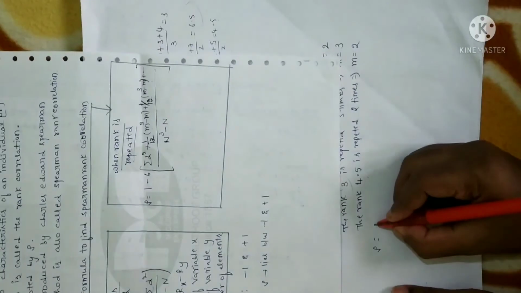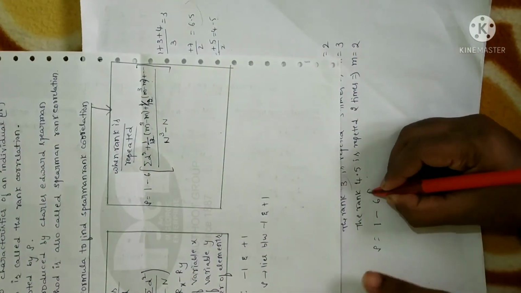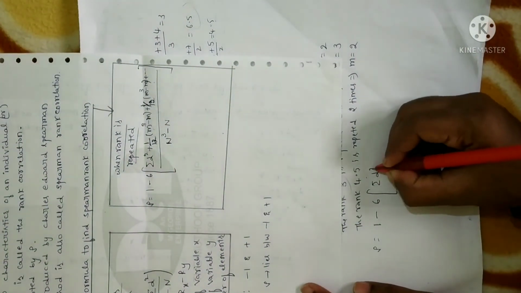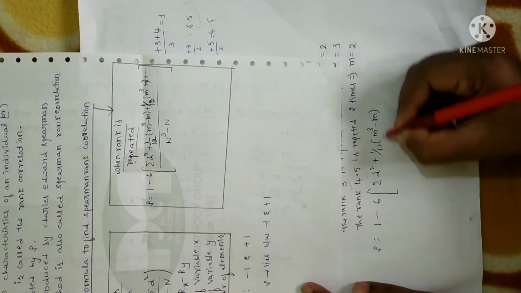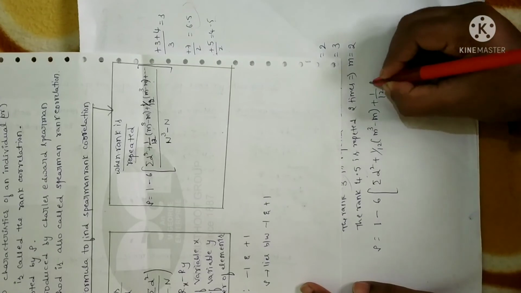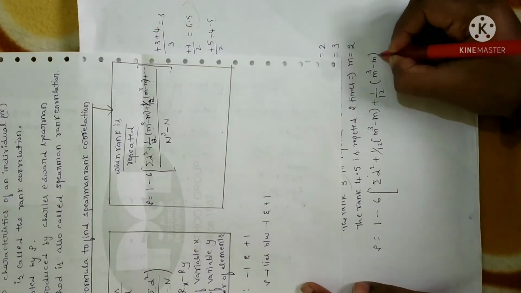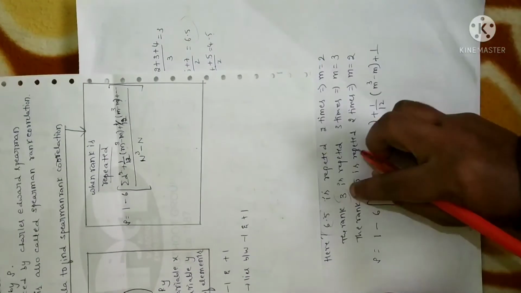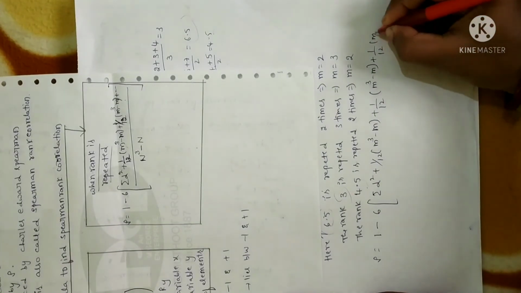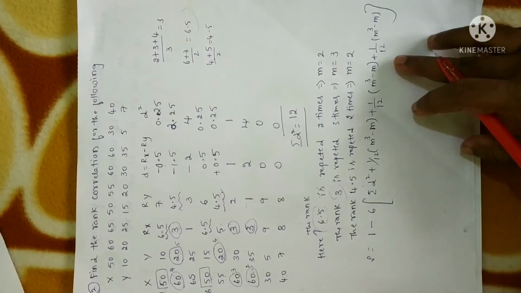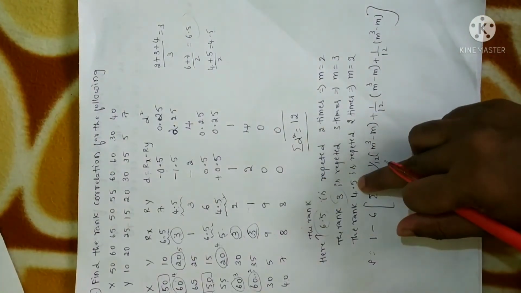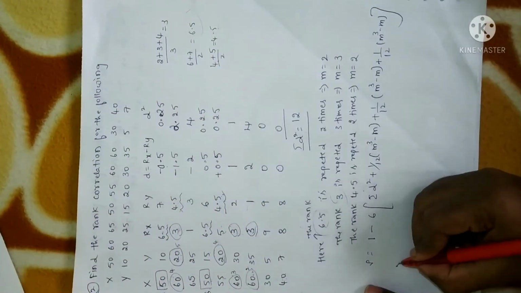So let me write the formula as 1 minus 6 into sigma d square plus 1 by 12 into m cube minus m, one time, plus 1 by 12 into m cube minus m. This is for the second repeated rank, plus 1 by 12 into m cube minus m. This is for the third one. Fine. Since these three ranks are repeated, I have taken 3 terms. Now let me calculate.